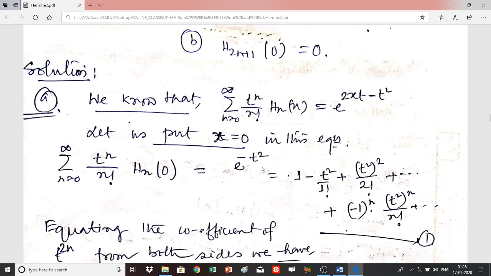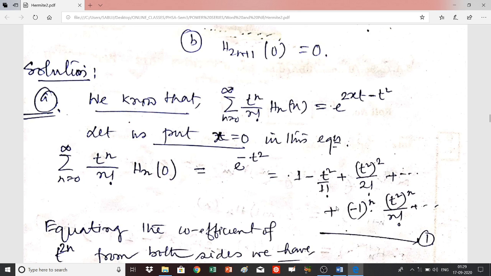So in this case, e to the power minus t square, if you expand this term in series, you will have first 1, then a minus sign, and x by 1 factorial, where here x is t square, so minus t square by 1 factorial, then plus (t square) whole square by 2 factorial, and other terms.